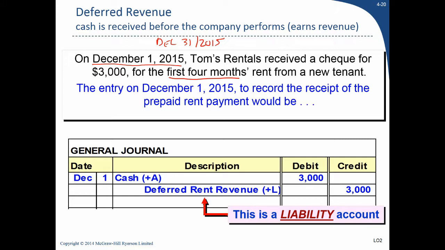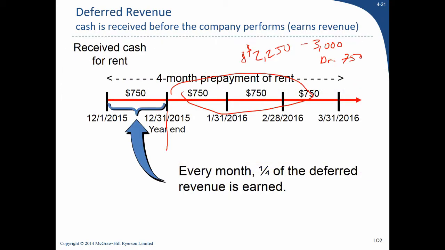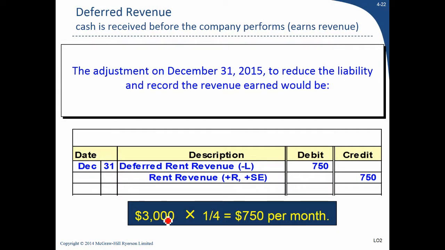In fact, when you're doing a problem like this, don't go ahead and book the journal entry right away. The first thing I want you to do is think about this here. Total, and then you know how many months you have, $750 per month. And then figure out how many months. Okay?